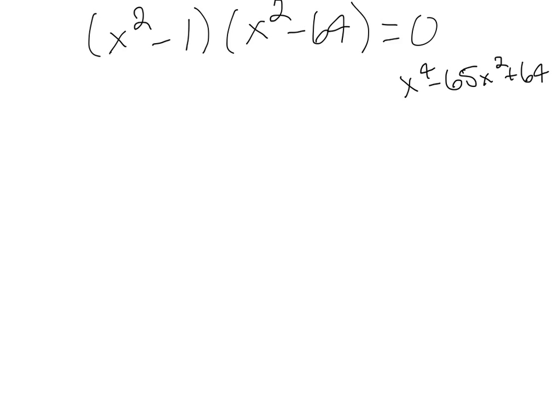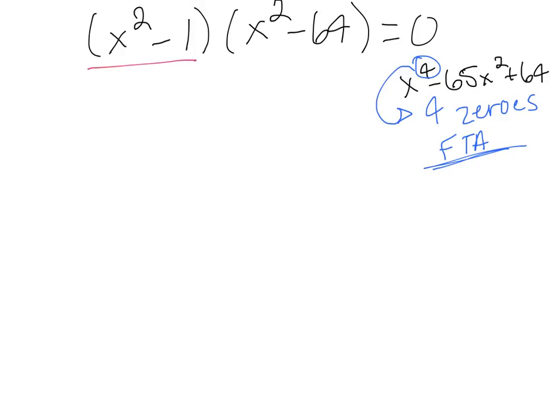Based on this exponent, I know that I have 4 zeros. This is the fundamental theorem of algebra. So, looking at the binomials, I should have 4 zeros, whether they're distinct or not is another matter. However, I know that either this has to be 0, or this has to be 0, or both are 0. So I've got my two equations.